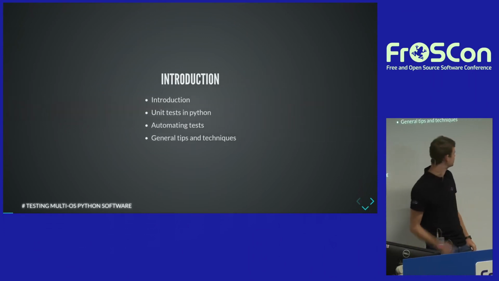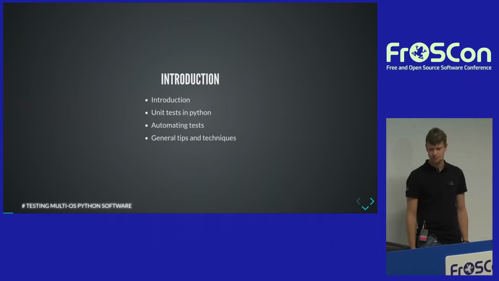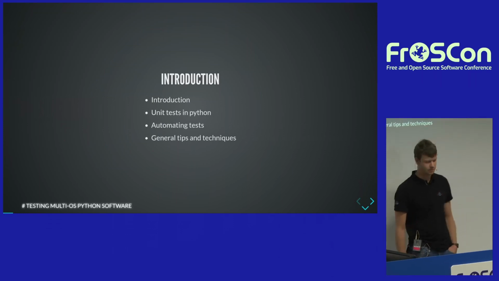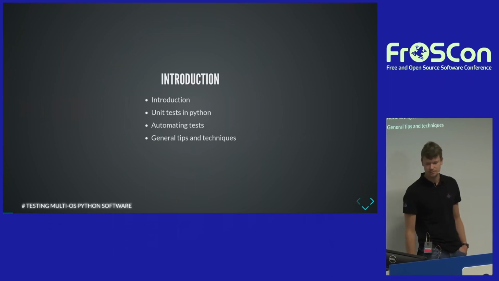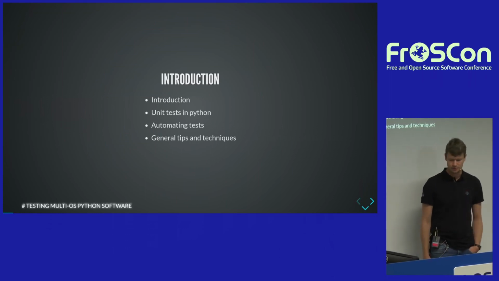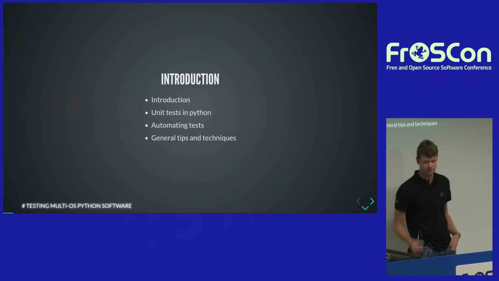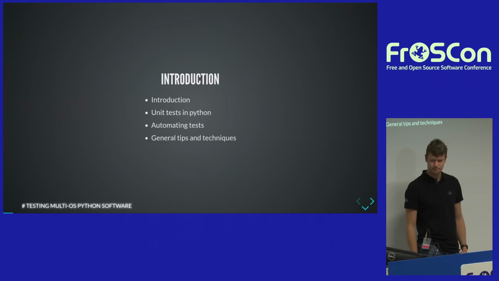And this is the structure of my talk. First of all, there will be a short introduction. Then I'm going to showcase how to do unit testing in Python at the example of the two major frameworks. After that, I'm going to speak about how to automate tests and how to use these testing frameworks in an automated environment.